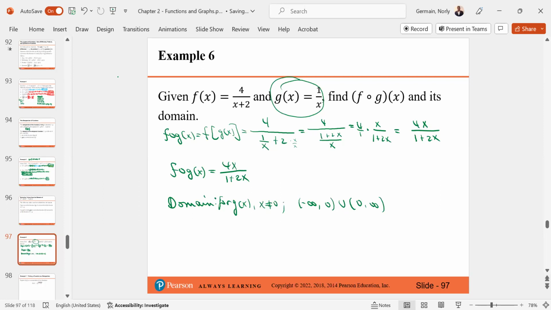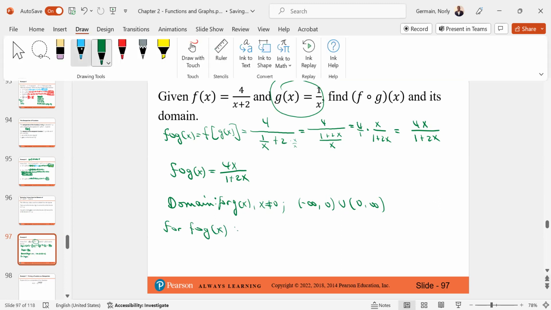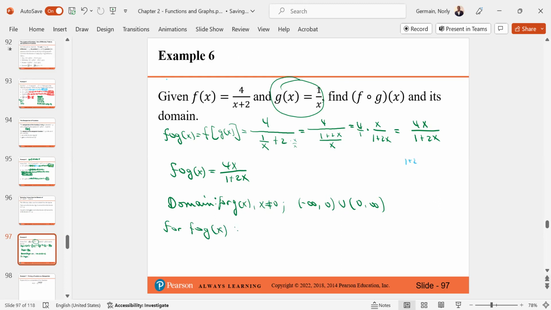Okay, that's the domain. Now, for f of g of x, what happens? Can you check for f of g of x? What is the domain? Look, for f of g of x, all you need to do is set the denominator equal to 0: 1 plus 2x equals 0, subtract 1 from both sides, 2x equals negative 1, so x equals negative 1/2.